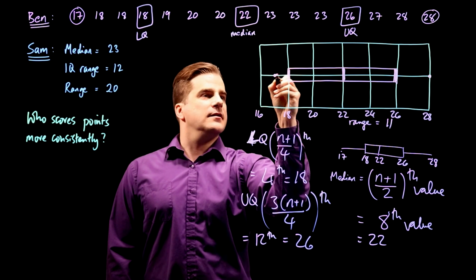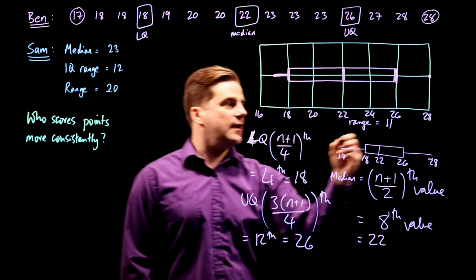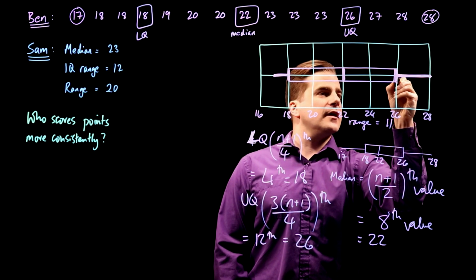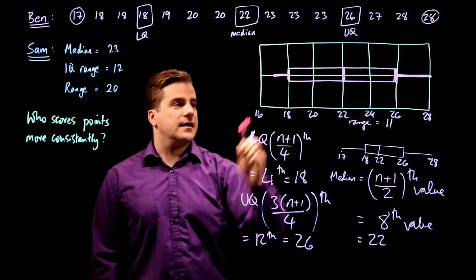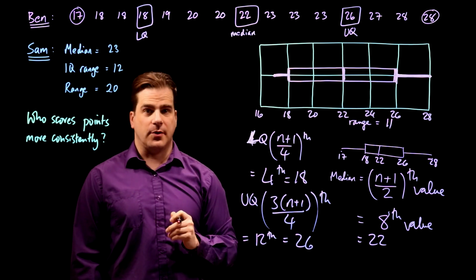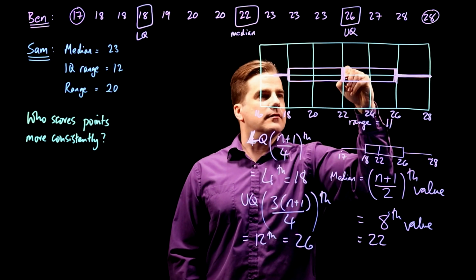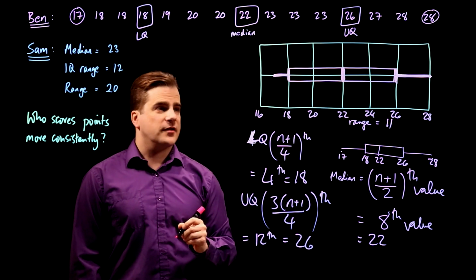Okay, draw the line. 17 there, and it goes all the way up to 28. And that's it, okay? That is your box plot. There you go. There's the median on 22. Yeah, so that's how you do it.